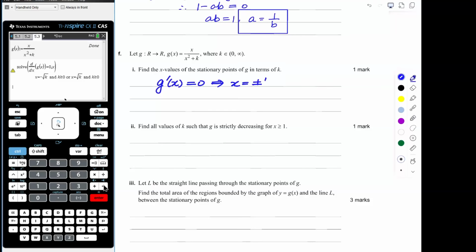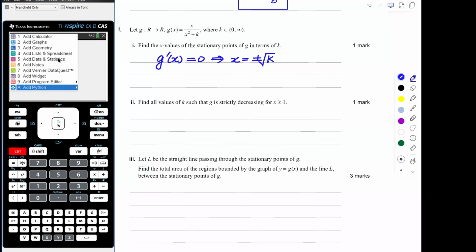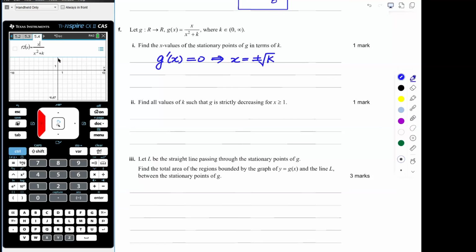Find all values of k such that g is strictly decreasing for x greater than or equal to 1. You might want to observe from the slider. Here I'll put a k of 1. Also, if you wish, you could put x greater than or equal to 1.